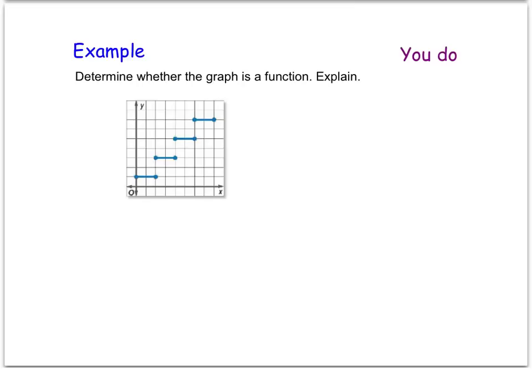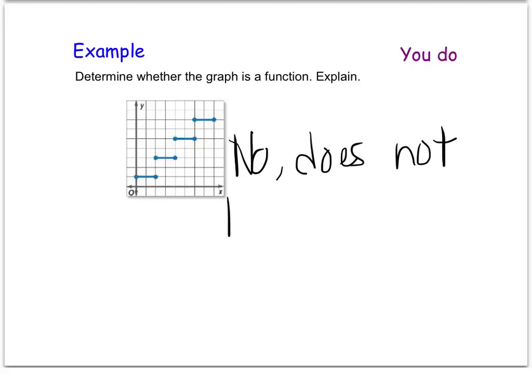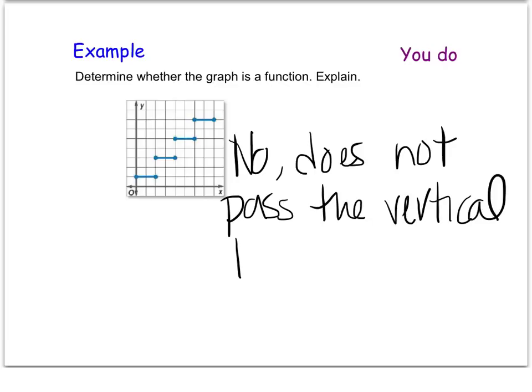It fails that vertical line test. So we're going to say no, it does not pass the vertical line test. Okay, so it does not pass the vertical line test, therefore it is not a function.